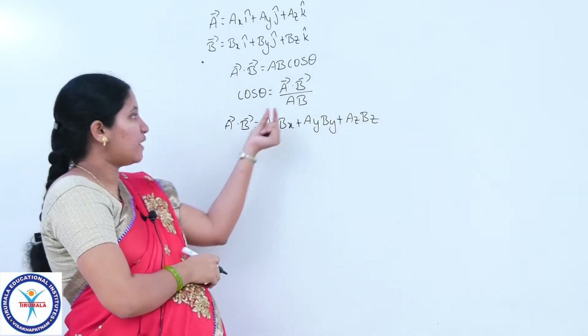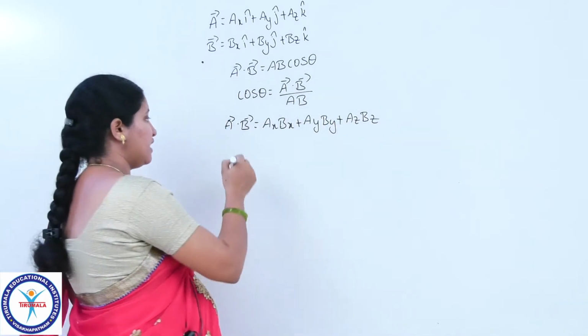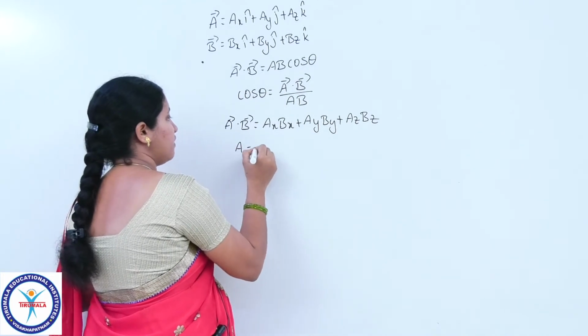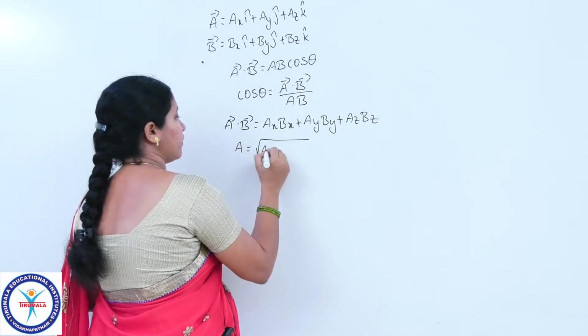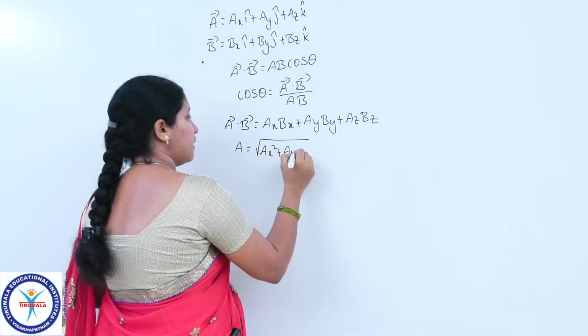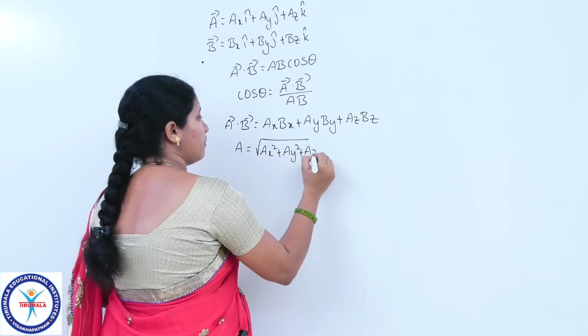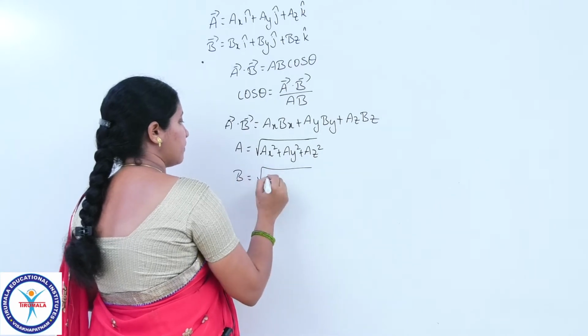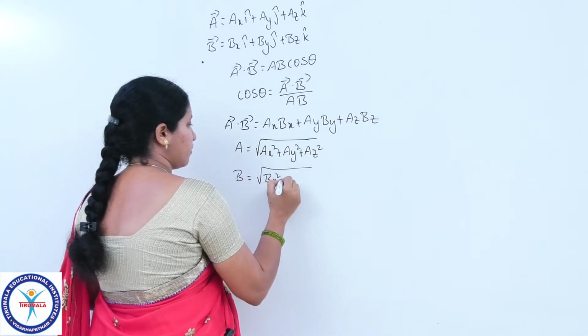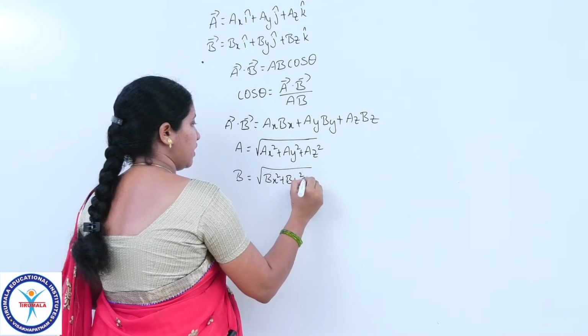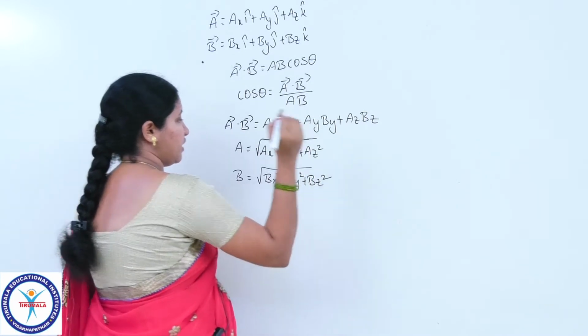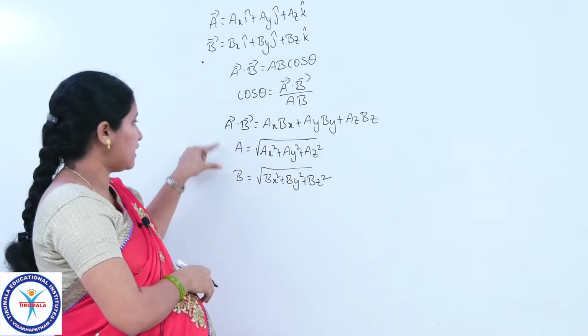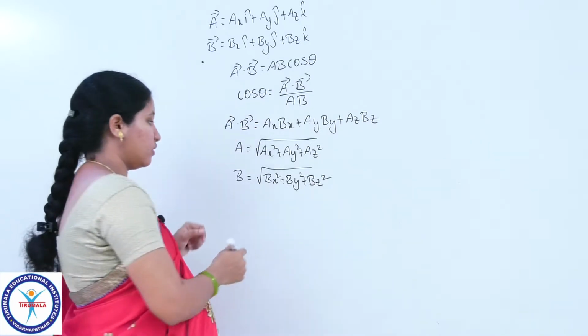And the magnitude of vector A is given by A equal to square root of Ax square plus Ay square plus Az square, and magnitude of B is square root of Bx square plus By square plus Bz square. So, substitute these values in cos theta.